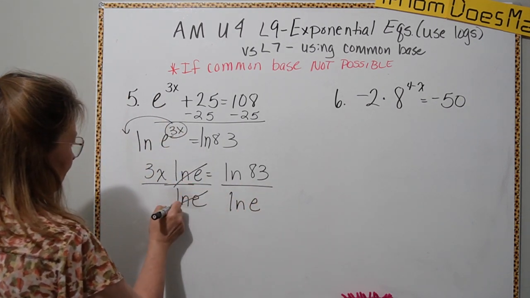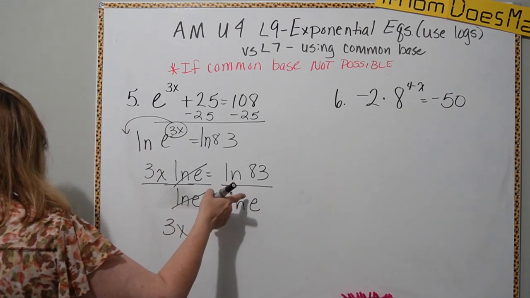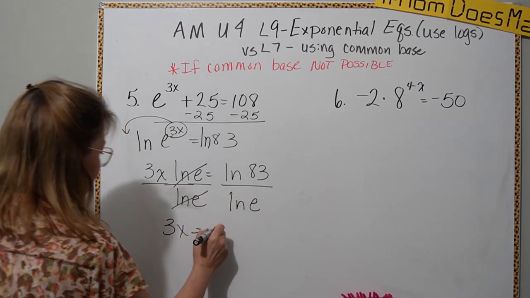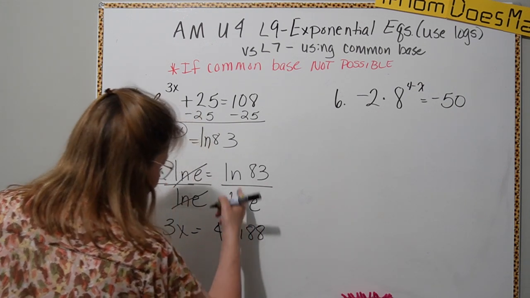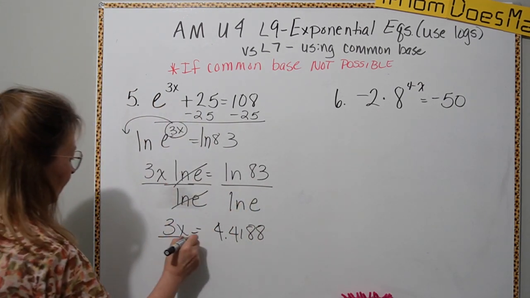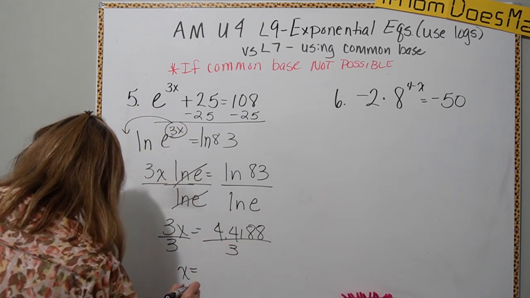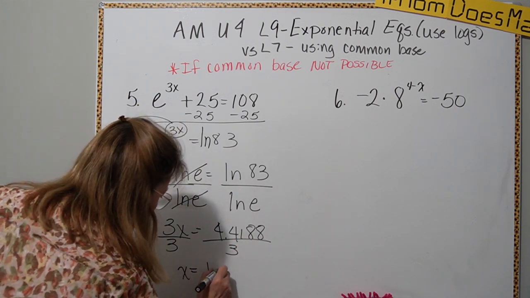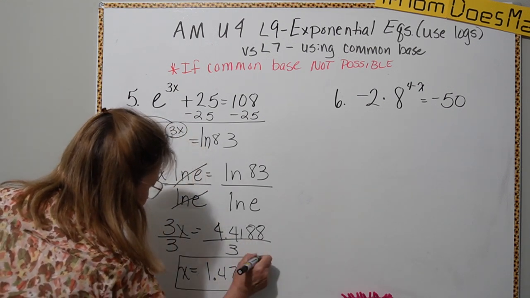All right, these two cancel out. So I have 3x is equal to natural log of 83 over natural log e, which is 4.4188. That's done in the calculator. Now you're going to divide both sides by 3. So x is going to leave you at 1.4729. Remember, we're going out 4 decimal places.